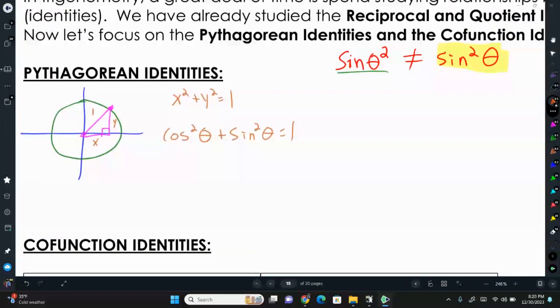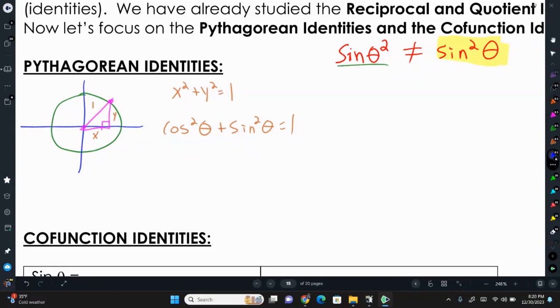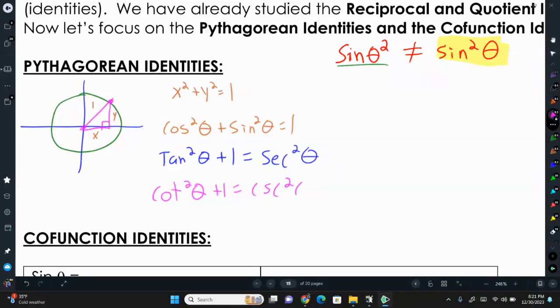So cosine squared plus sine squared equals 1 is one of the identities. Another one is tangent squared theta plus 1 equals secant squared theta. And then the last one, cotangent squared theta plus 1 equals cosecant squared theta.